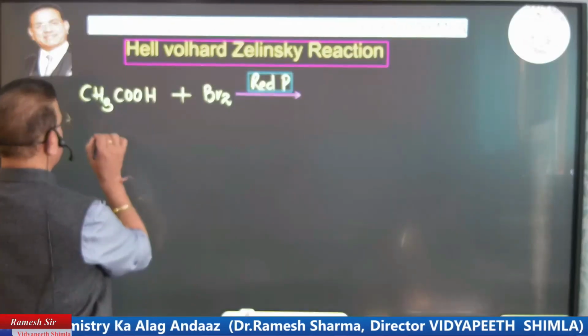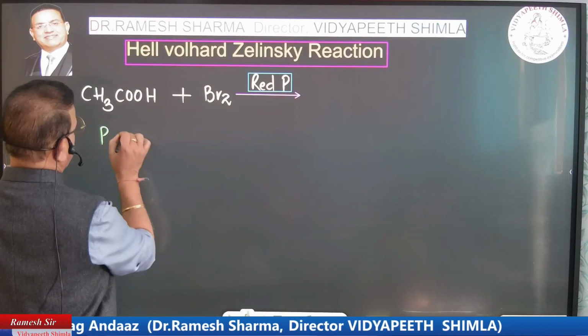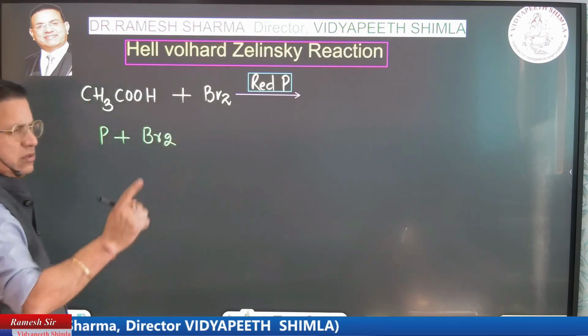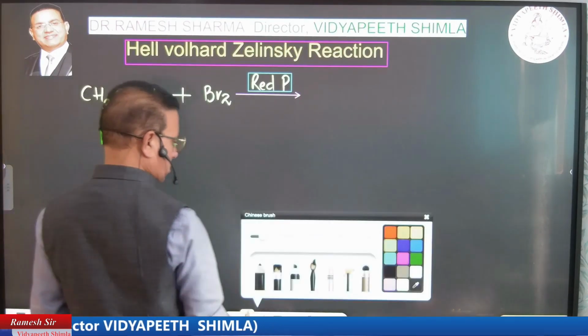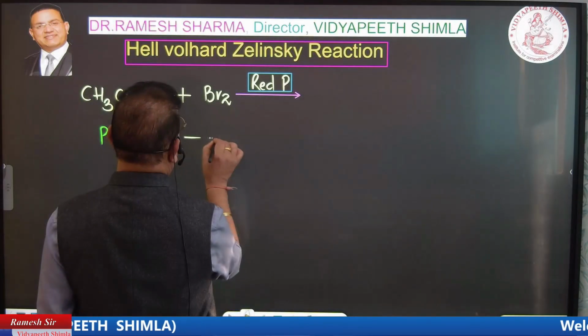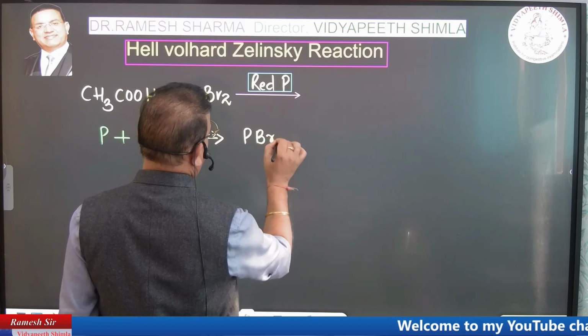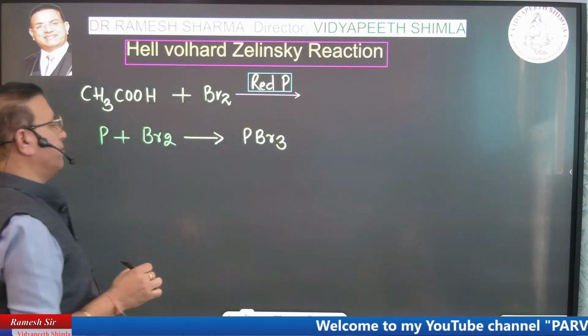We know that this red phosphorus with bromine giving rise to PBr3.